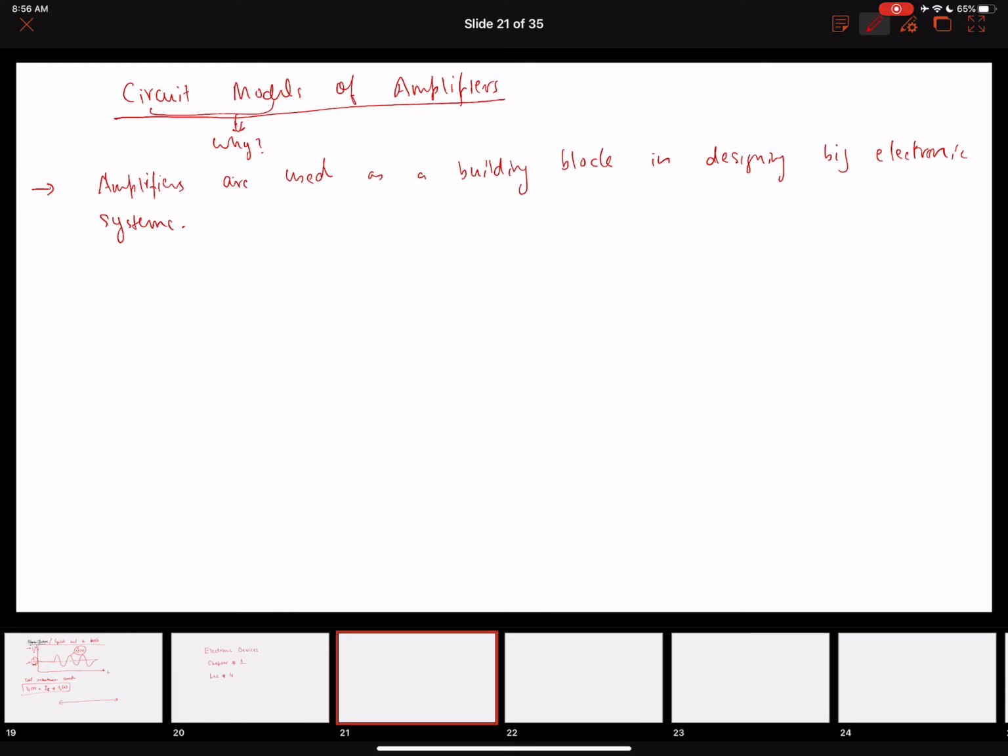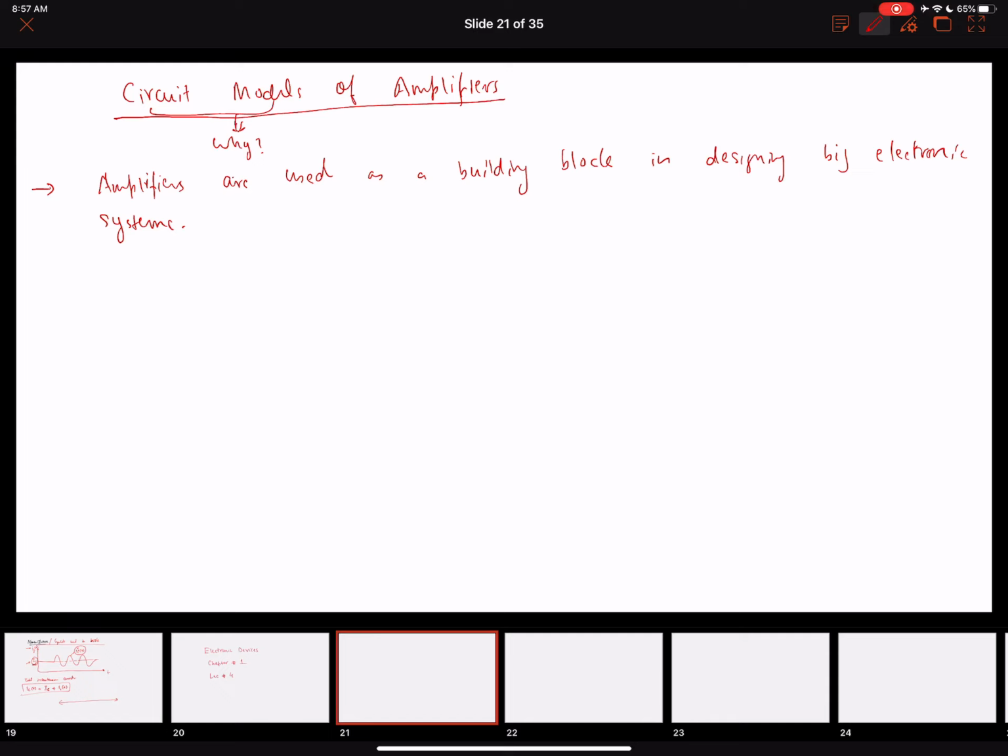You're definitely going to find an amplifier there in the EKG and EEG instruments. So in a lot of medical instruments as well, amplifiers are a building block because it happens a lot that the signals that we acquire are usually very small, and then we want to amplify the signal out of it. So it's a good idea to make a circuit model of an amplifier and see its terminal characteristics.